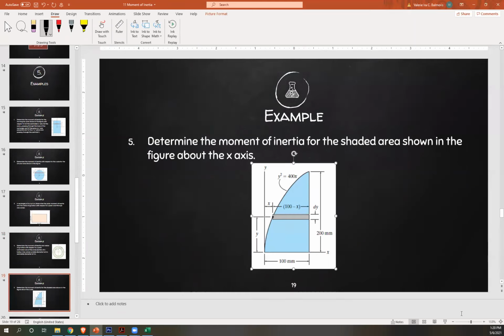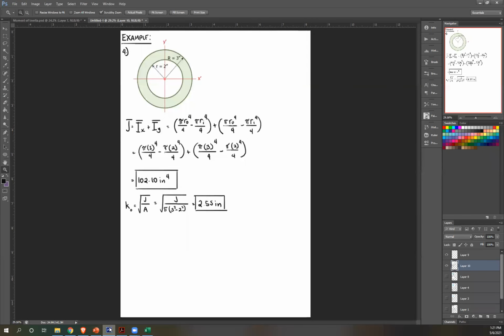Question 5, determine the moment of inertia for the shaded area shown in the figure about the x-axis. So just moment of inertia about the x-axis, so it's I sub x.